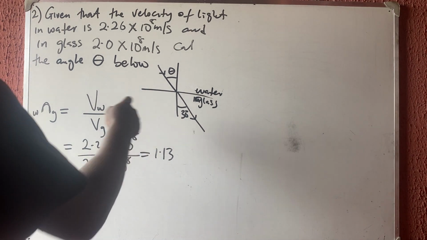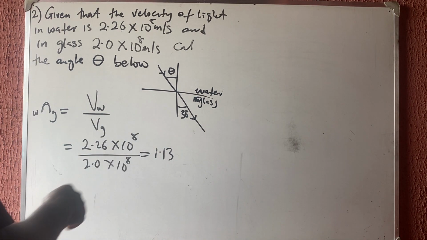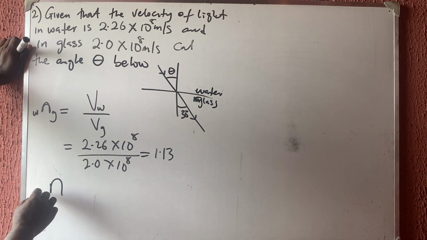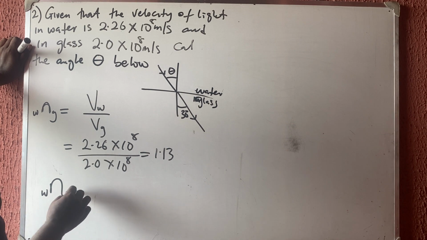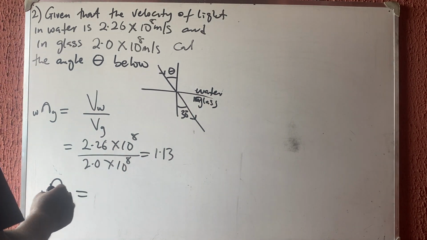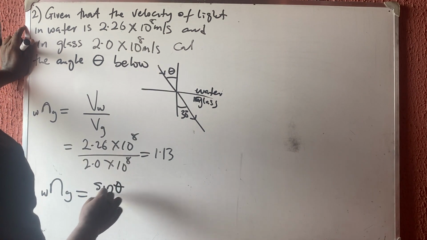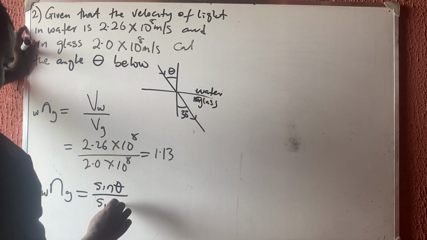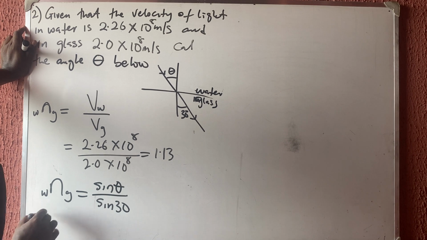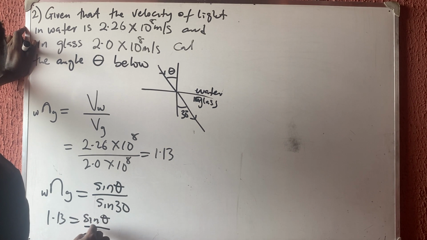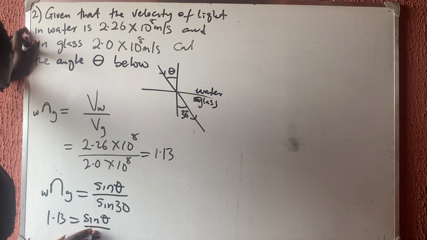Now to get this angle, according to the way it is coming, the refractive index from water to glass is equal to sine theta over sine 30. So 1.13 is equal to sine theta over sine 30, which is 0.5.